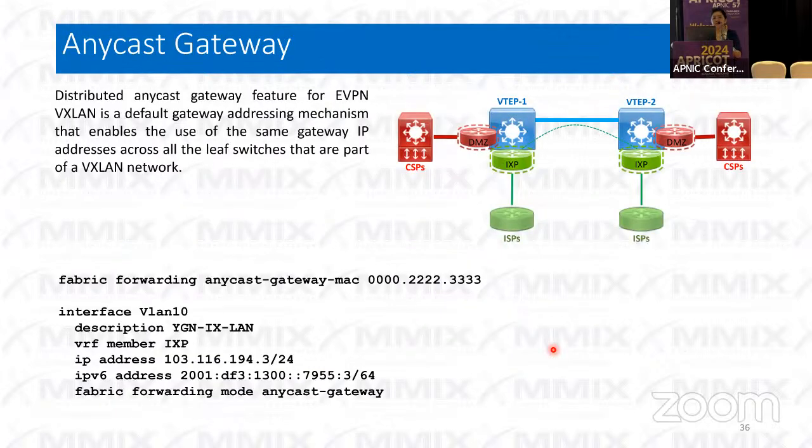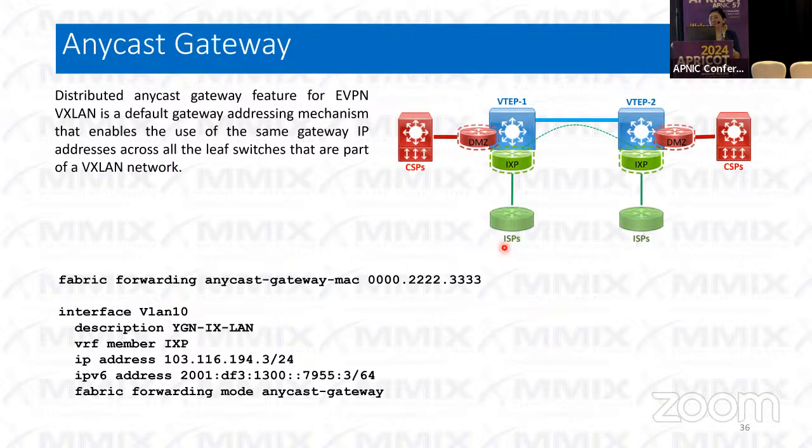So there is an Anycast gateway feature. The distributed Anycast gateway feature for EVPN VXLAN is a default gateway addressing mechanism that enables the use of the same gateway IP address across all the leaf switches that are part of the VXLAN network.